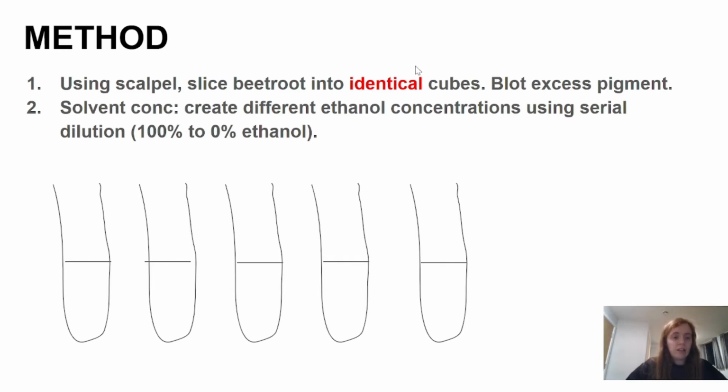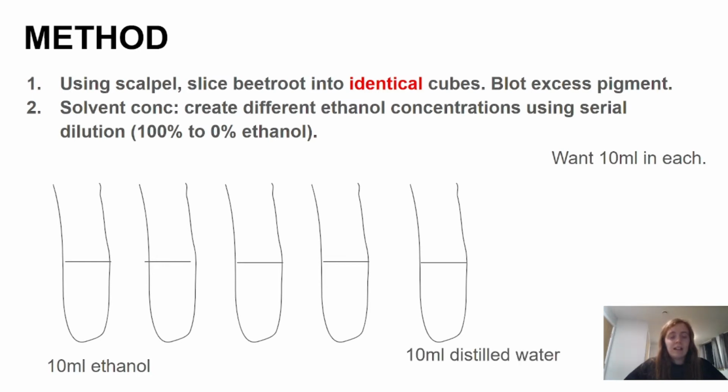Let's imagine that the tube on the left is tube 1, and then tube 2, tube 3, tube 4, and tube 5. Let's say we want 10 milliliters of liquid in each of the test tubes. The 100% ethanol tube, tube 1, is just pure ethanol, so you want 10 milliliters of ethanol in that tube.